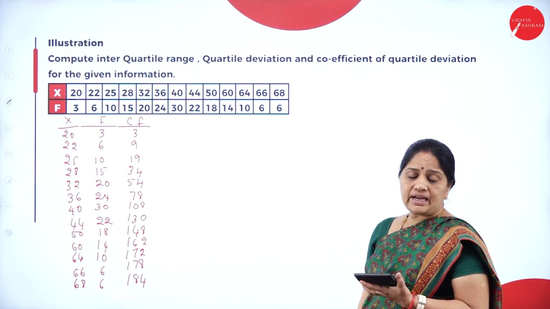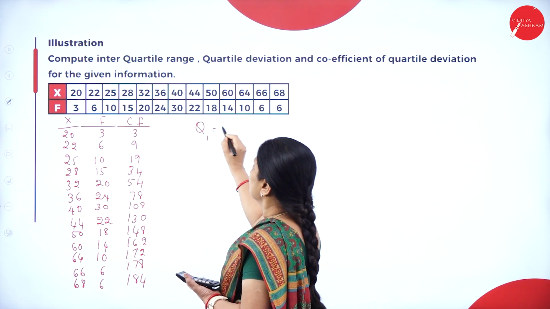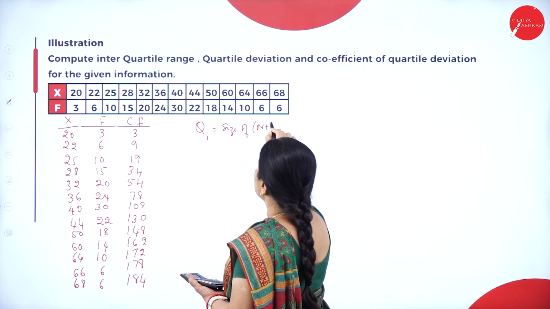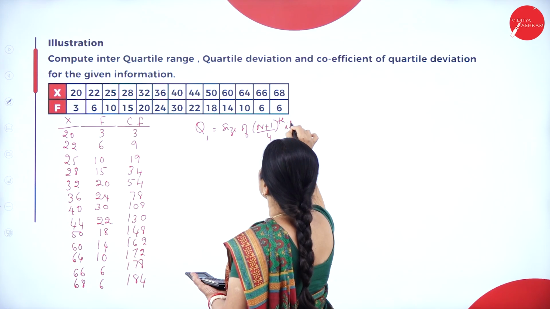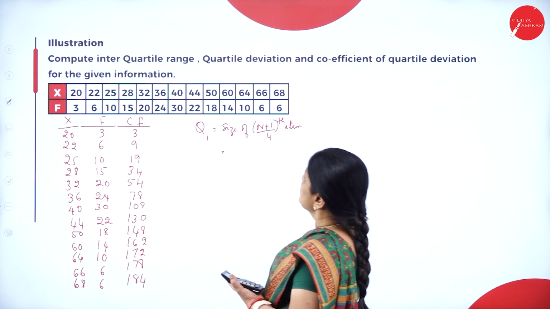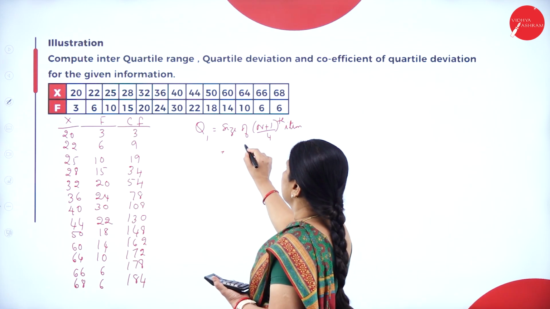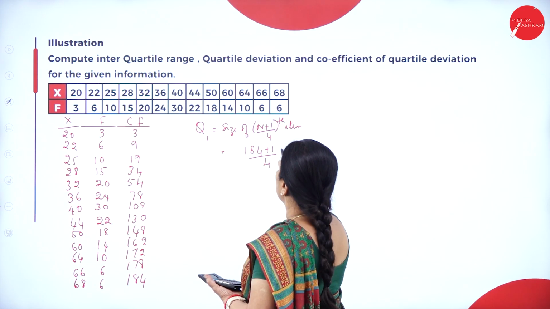Now once we are done with the CF, we have to find out the Q1. Q1 equals the size of the (n plus 1) by 4th item of the series. What is the size of the series? 184. So this will be 184 plus 1 divided by 4.